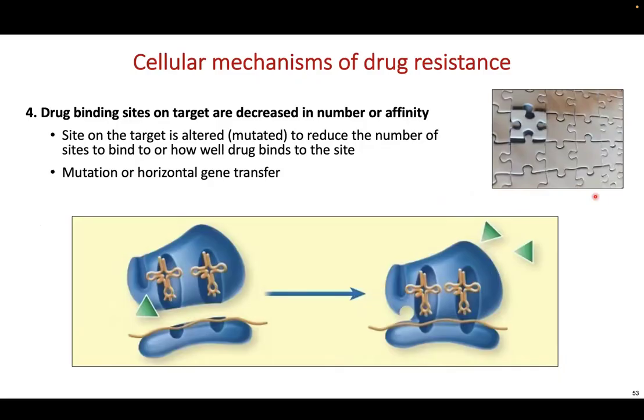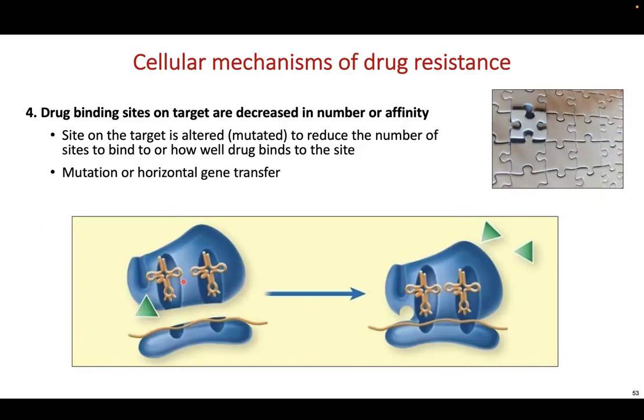And then the fourth one is that drug binding sites on the target are decreased in number and affinity. So let's say the drug was supposed to bind to this specific area on the ribosome and inhibit protein synthesis.